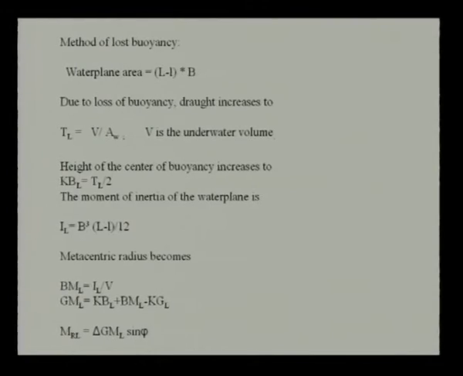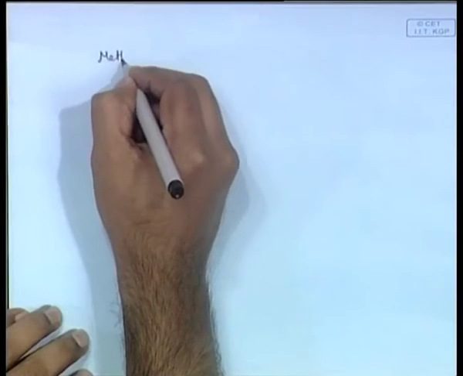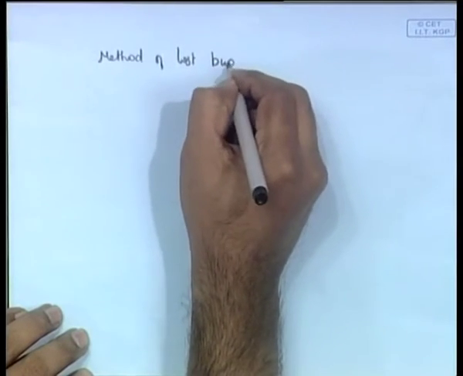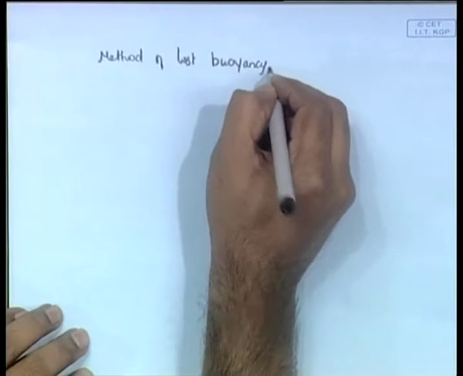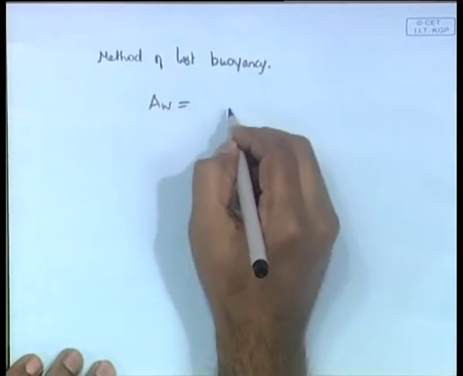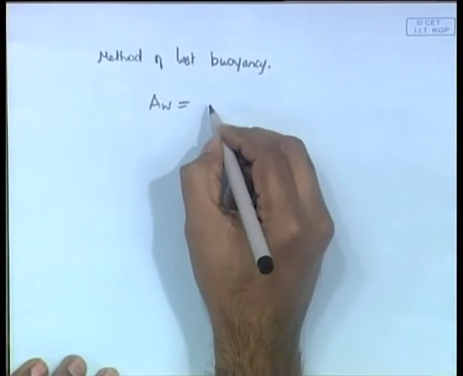So, let us look at this, this is the way in which you proceed. This is using the method of lost buoyancy. First of all, let us find the water plane area of that box shaped barge.